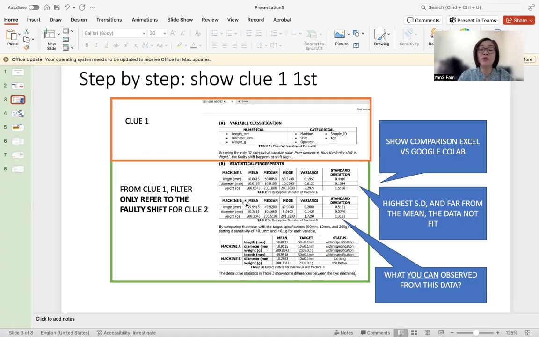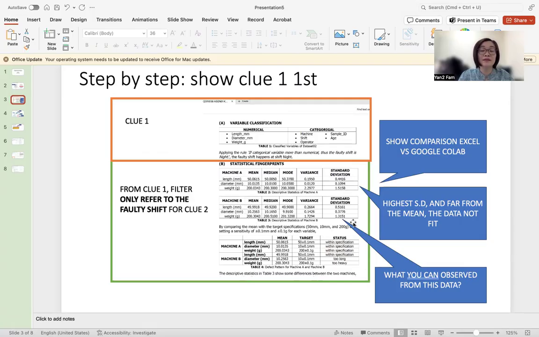And after you show it, there should be some discussion. For example, among these three parameters, the weight has the highest standard deviation. What does that mean? Well, for machine B, the standard deviation that is very large and highest is also weight.